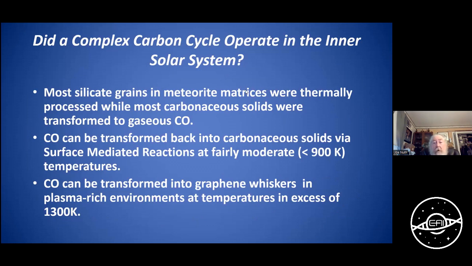Let's see, the roundup here, this is hard because I can't see my own slides. Most silicate grains in meteorite matrices were completely processed at least to the melting point. Many were processed beyond that, and some were effectively distilled so that the silicates and more volatile metals left them to make CAIs.